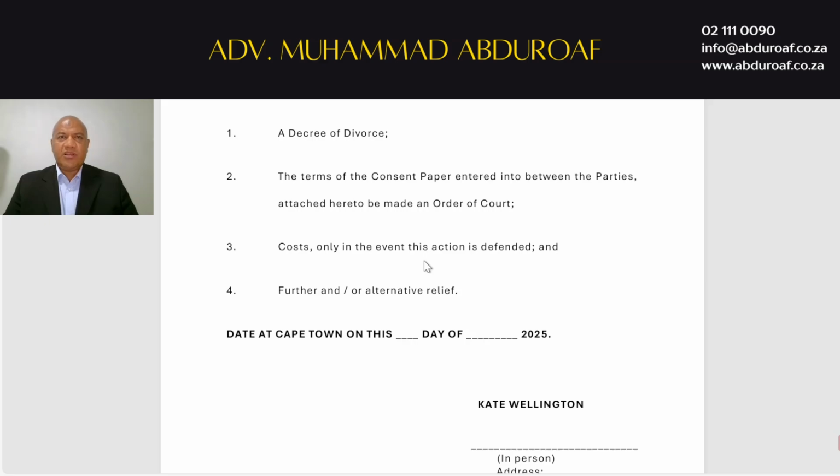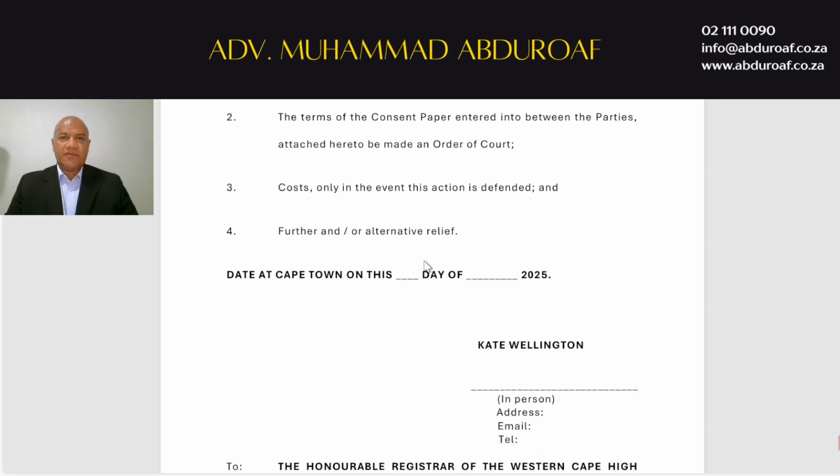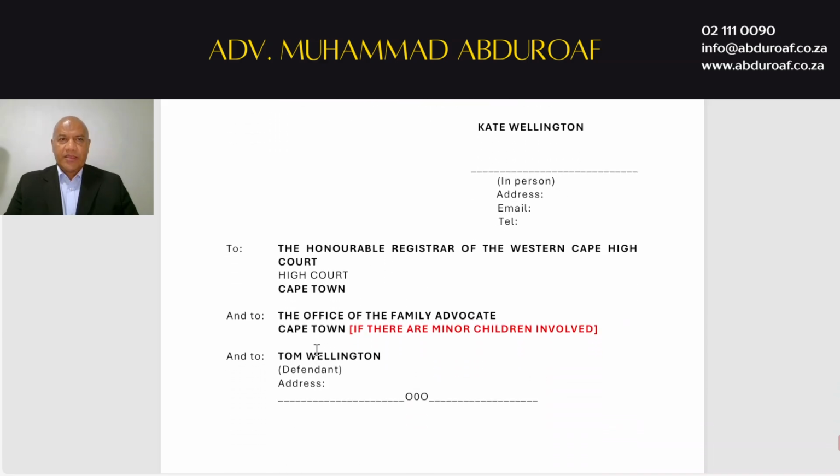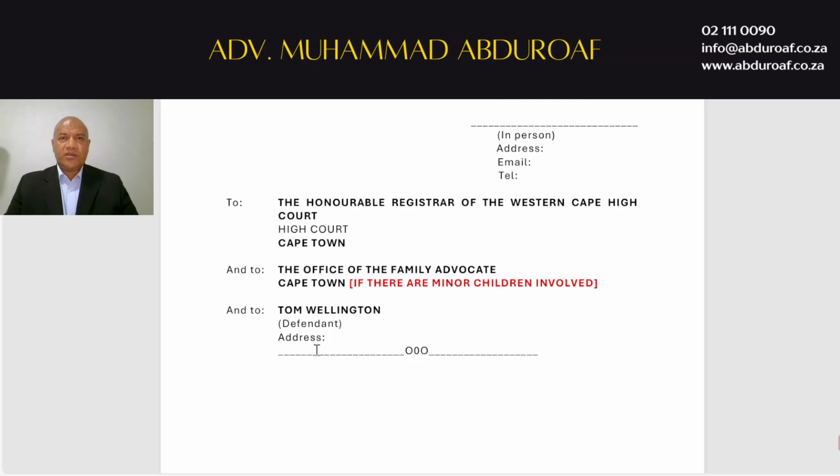It's possible that Tom may say, you know what, I no longer want this consent paper, I'm defending this divorce, which could be problematic because he entered into a consent paper, and further an alternative relief. And then again, Kate signs this document, it's sent to the High Court, the Office of the Family Advocate if there are minor children involved, and of course to Tom.